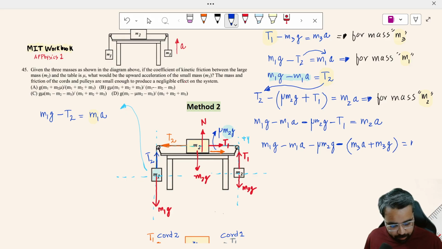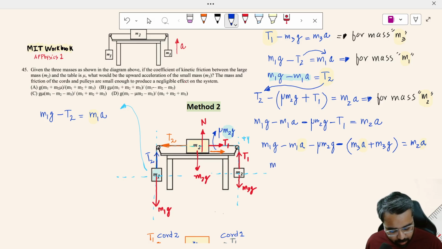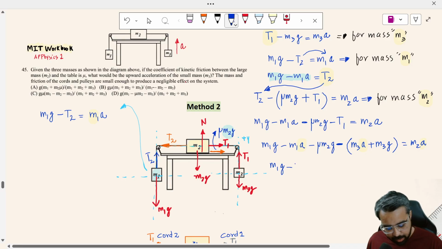I know it is becoming complicated, but I am just showing you another method to solve this. It is interesting. Now you see we have one equation in which we have just one unknown, the acceleration. Our next step is to gather all of the terms which share the acceleration variable. So that's a simple m1g, open the bracket, minus mu m2g.